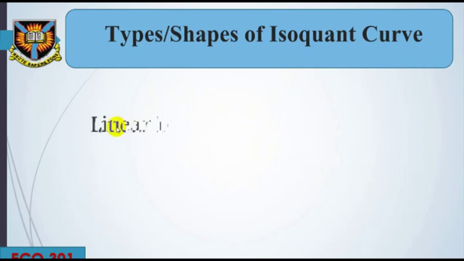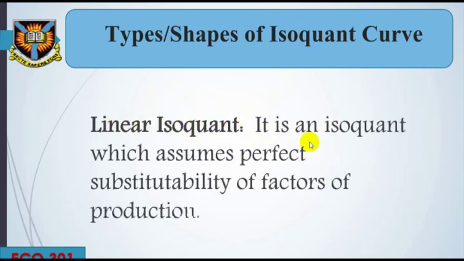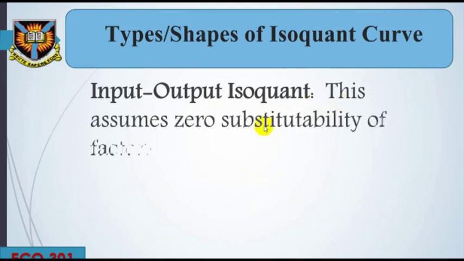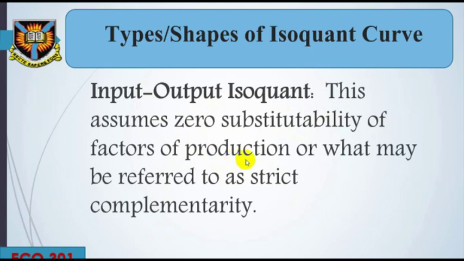1. Linear isoquant. It is an isoquant which assumes perfect substitutability of factors of production. 2. Input-output isoquant. This assumes zero substitutability of factors of production, or what may be referred to as strict complementarity. 3.